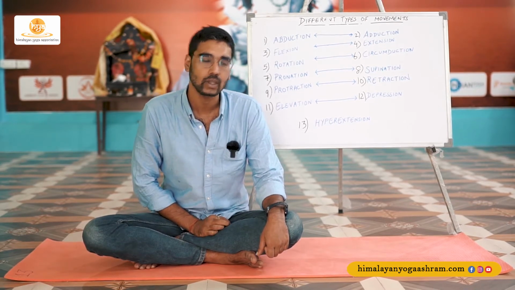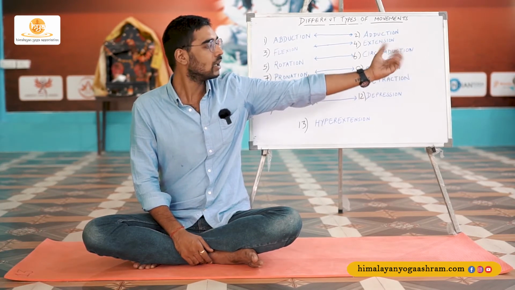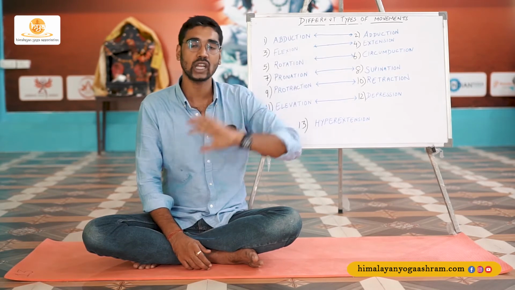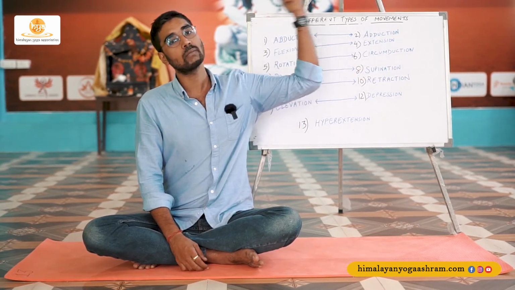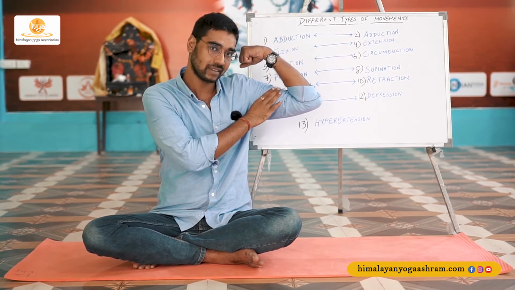For example, if I straighten my arm completely and if I try to bring my fist close to my shoulder, I will simply bring my forearm back, and as you can see, the angle as it's reducing is also flexing my biceps.